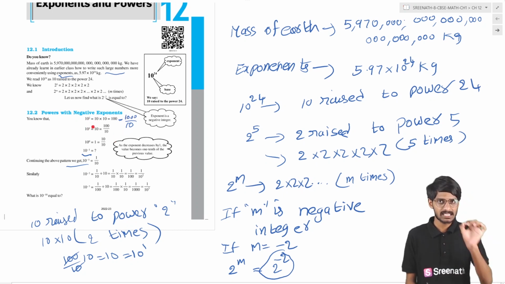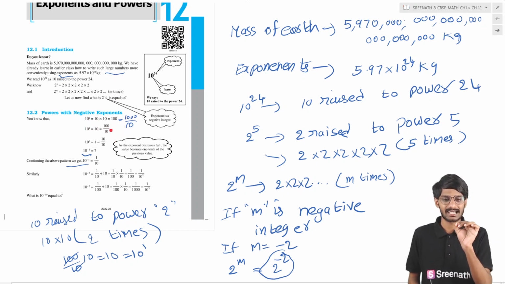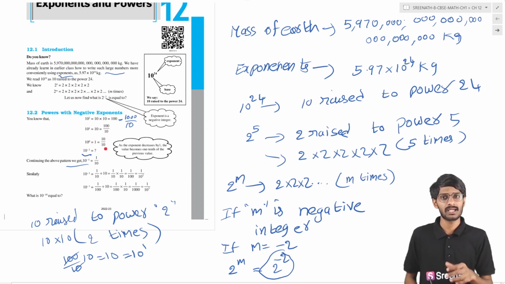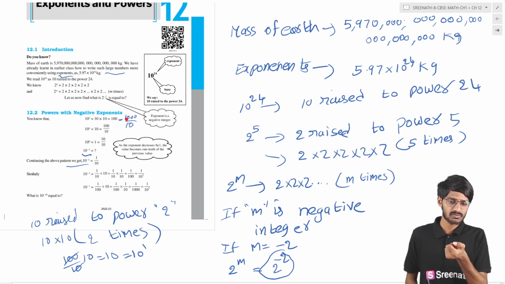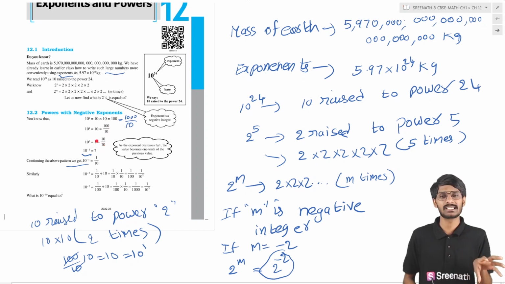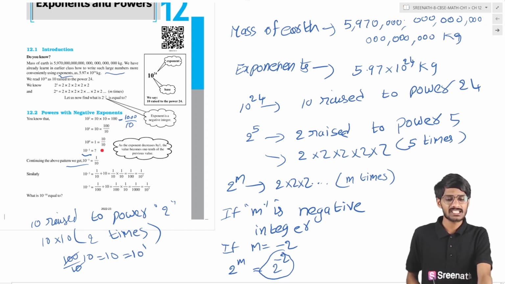Whenever we decrease the power by 1, it is 100 divided by 10. Whenever we decrease the power by 1 again, it becomes 10 by 10. So what are you observing? Whenever the power is decreasing, the numerator is losing a factor of 10. Here 10 is lost, it becomes 100. Again 10 is lost, it becomes 10. Again if 10 is lost, what happens? It becomes 1 by 10. That is the pattern.